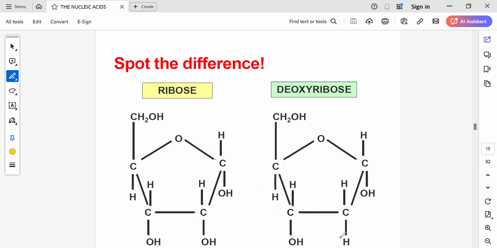The only difference is that at carbon 2, there is no oxygen attached to the hydrogen for the deoxyribose. Because there is no oxygen at carbon 2, that is why it's called deoxyribose. But here, there is an OH group, there is oxygen attached to the hydrogen at carbon 2, and that is why it's called ribose sugar. Okay.